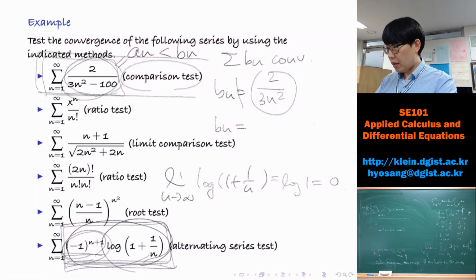If you use Bn as 2 over 3n squared, that's a good question, does this inequality hold?